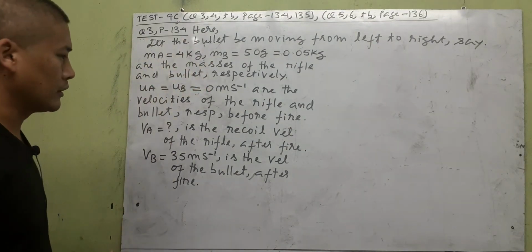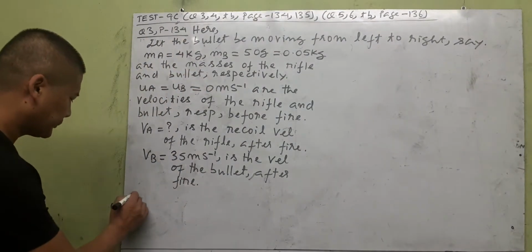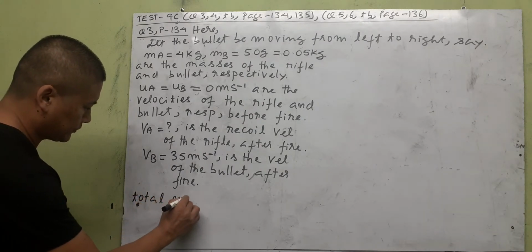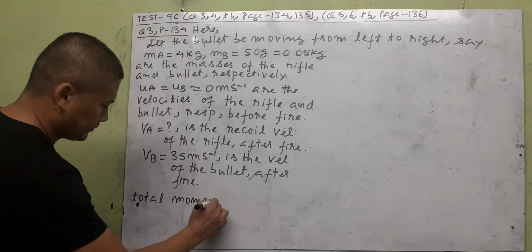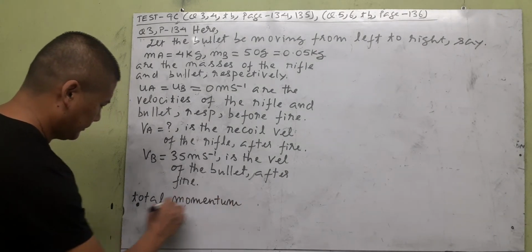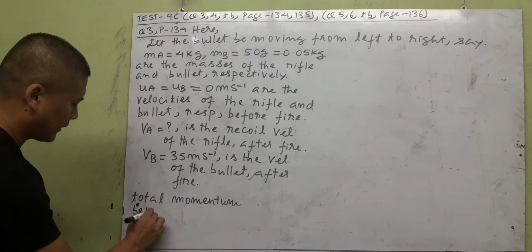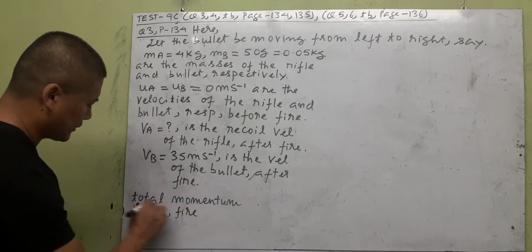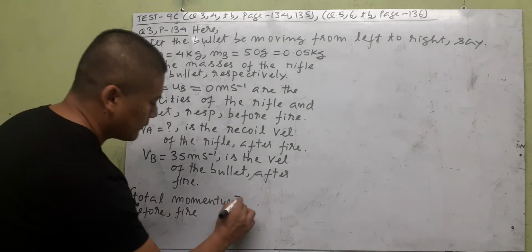So we can now use the law of conservation of momentum. So let us write down here. Total momentum before or after, whatever you like to write first, before fire is always equal to total momentum after fire. That is the law.